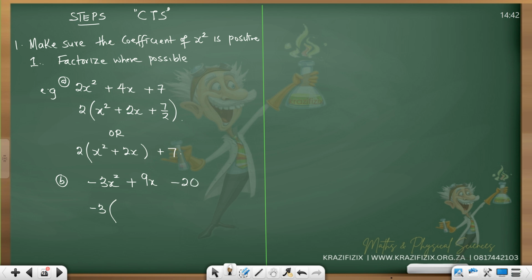I have to bring out that negative 3 so that I only write x squared in my bracket. Then I divide the rest by negative 3. What is 9 divided by negative 3? That will be negative 3x. What is negative 20 divided by negative 3? Positive 20 over 3. The idea is to make sure that the coefficient of x squared is positive 1.